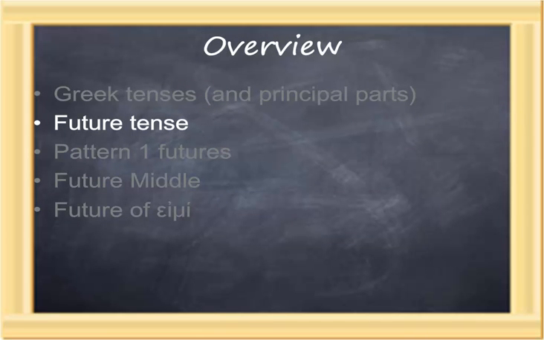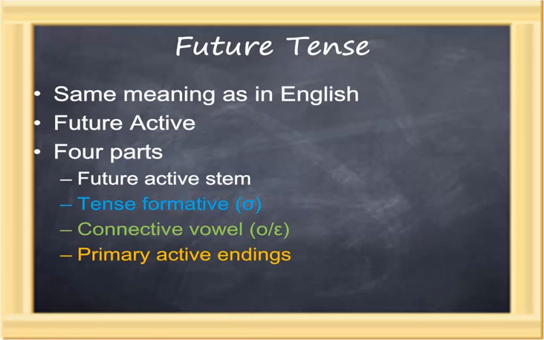We turn now to the future tense of the Greek verb. In Greek, the future has the same meaning as English. So once we know how to form these verbal parts, translating them is not difficult. Let's start with the future active. The future active consists not of 3 parts put together, but of 4 parts put together.